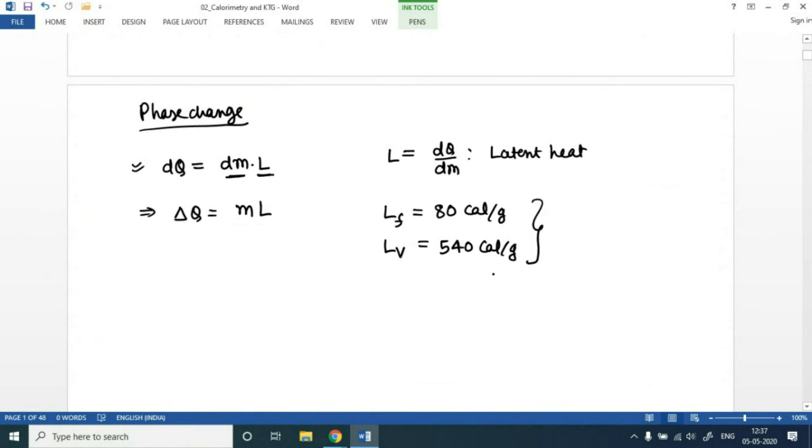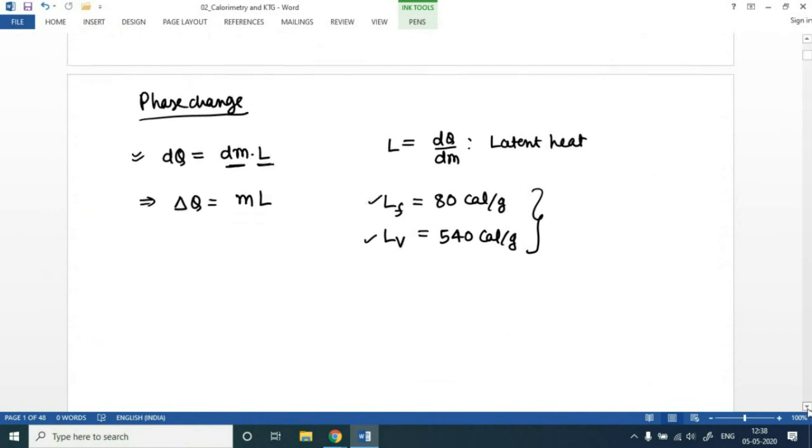You should also realize that all these data which we are providing, like the specific heat capacity of water, latent heat of fusion of ice, and latent heat of vaporization of water, are provided at 1 atm pressure. Please understand, if the pressure is changed, these values will also change. So this is the phenomenon of pressure affecting phase change.